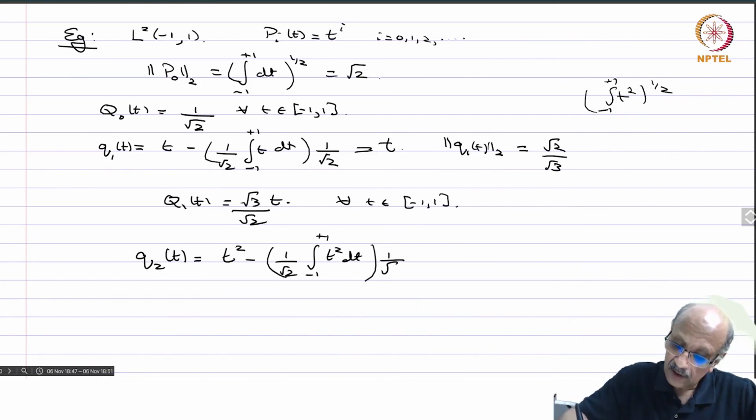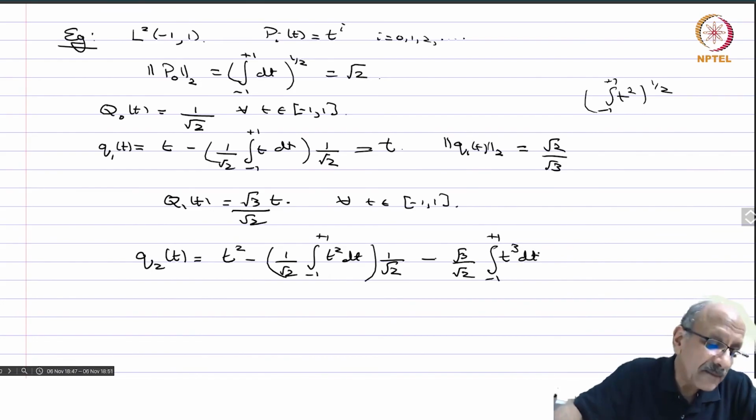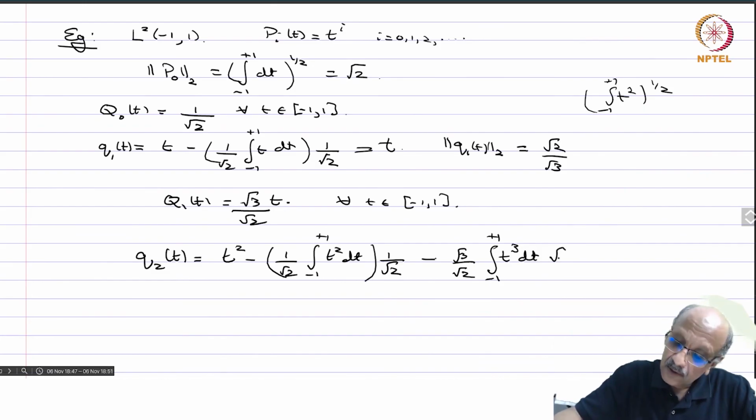That is the first term, and then minus the inner product of t square with q1, that is root 3 by root 2 integral from -1 to +1 of t square times t, which gives t cubed dt, and then you multiply by root 3 by root 2 into t.